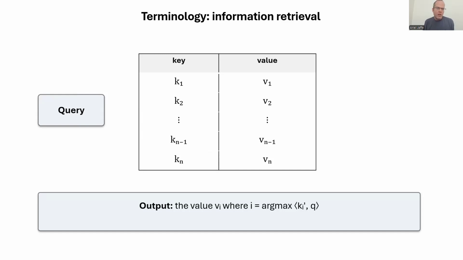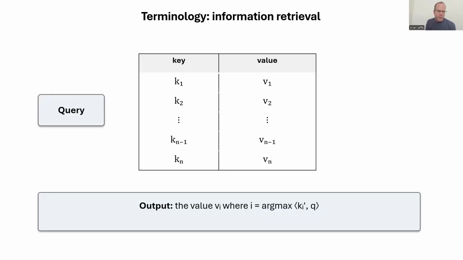The terminology of attention in transformers comes from the world of information retrieval. Basically, we have a database with n elements inside it. So you have a table, and each element in the database is represented by some sort of key.